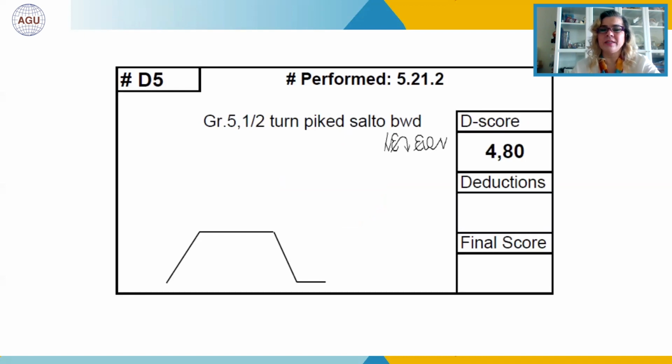And we got here a vault from the 5th group, which is round off flick flack with half turn on, and then half turn and salto backward pike, like the Cuervo technique from group 5. So the vault number is 521 and dot 2 to show that it's the second vault, because in the box we have sometimes 2 vaults under the same number, and the D score is 4.8.